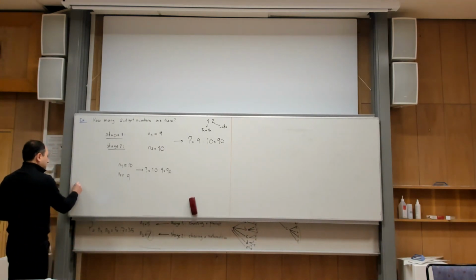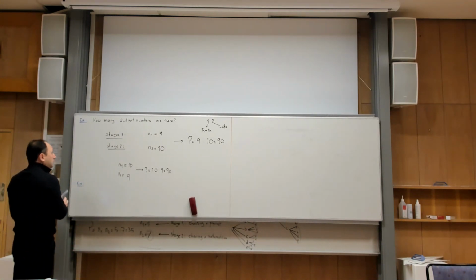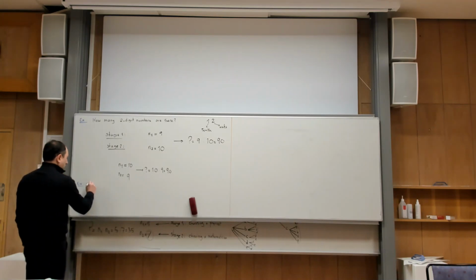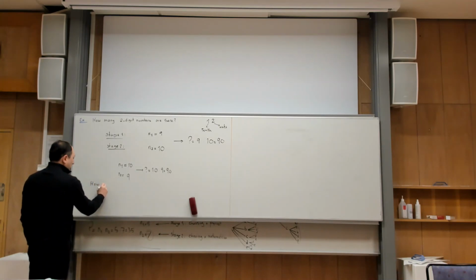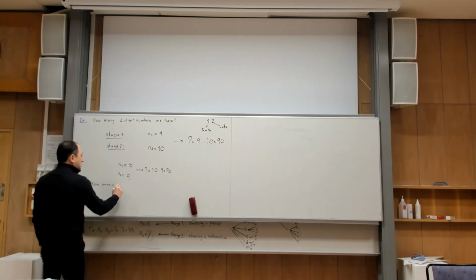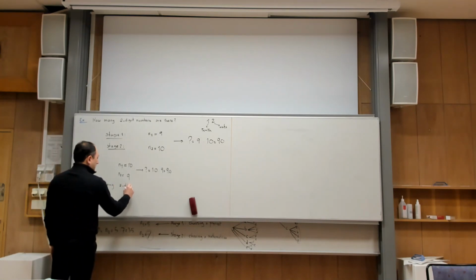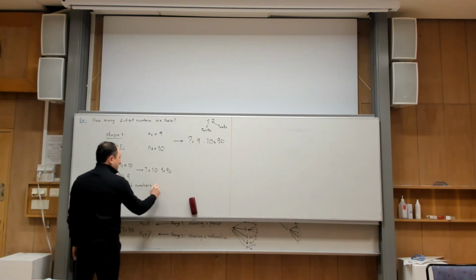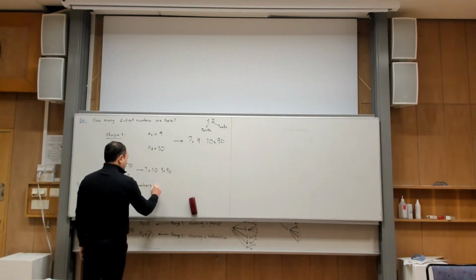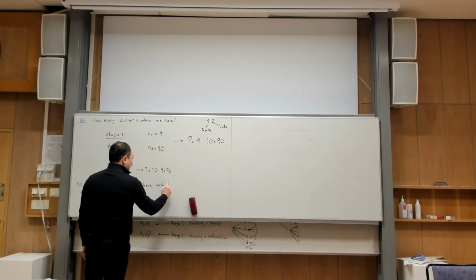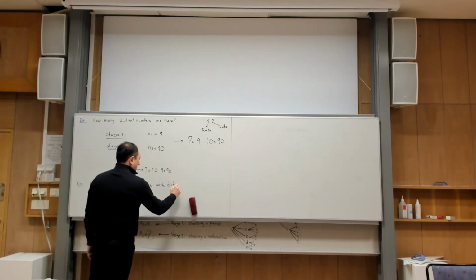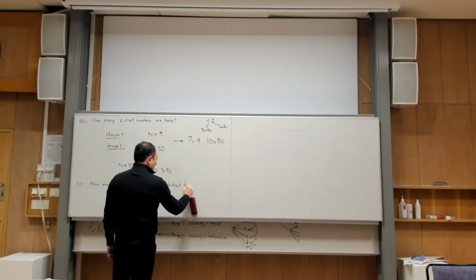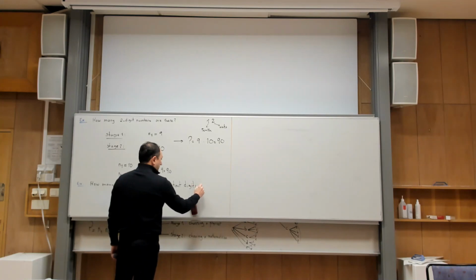Example: how many two-digit numbers with distinct digits are there?